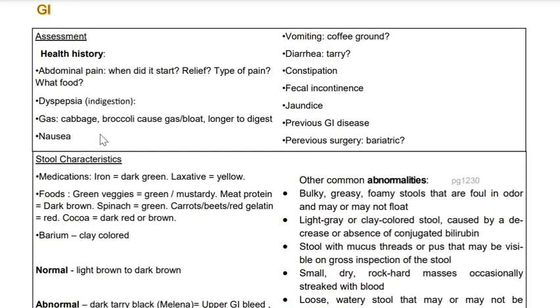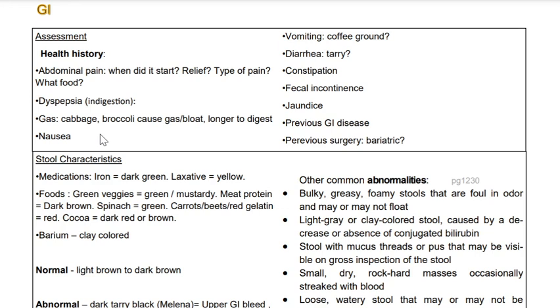And then some foods, some people suffer from severe gas and bloating. It just depends on the person. Gas has to move through the body. When we eat, we get air that goes into our GI system, and so we have to move it out, and that's an important part of the GI tract.